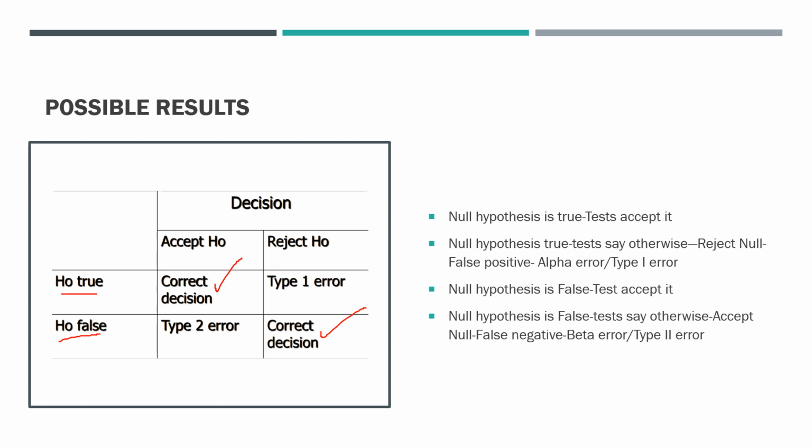In that case, what happens? It becomes a false negative and you are falsely accepting your null hypothesis. This is beta error or type 2 error. So when you are rejecting the null hypothesis when it is actually true, you are doing a false positive, that is alpha error. The reverse, false negative, is beta error.